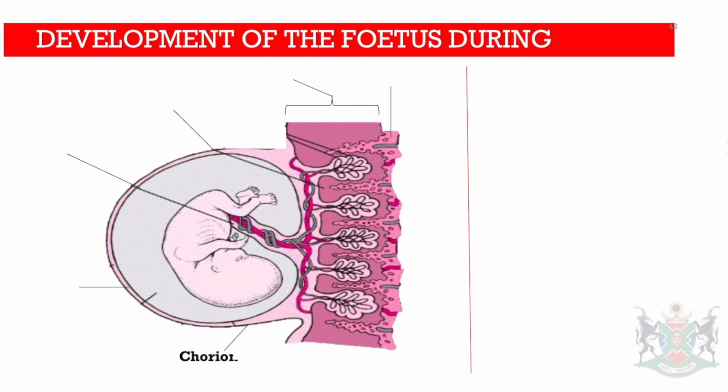The one is the chorion. And then the chorion forms the chorionic villi, which are those finger-like projections that are embedded in the softer parts of the endometrium.